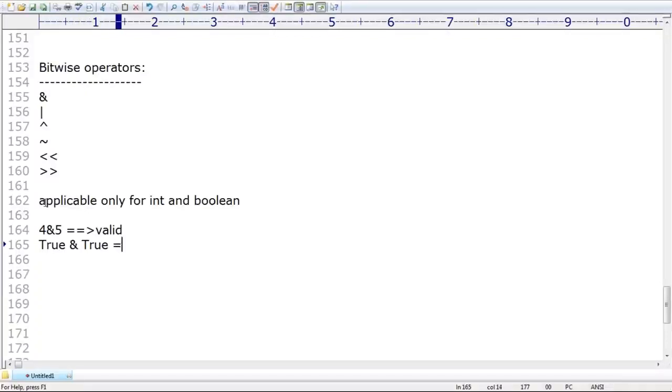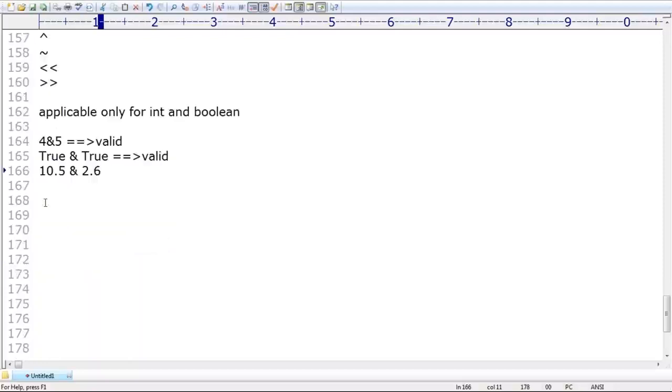Forget about the answers. Perfectly, this one is valid. 10.5 and 2.6. Is it valid or invalid? This one is invalid. By mistake, if you try to take this, immediately we are going to get an error.